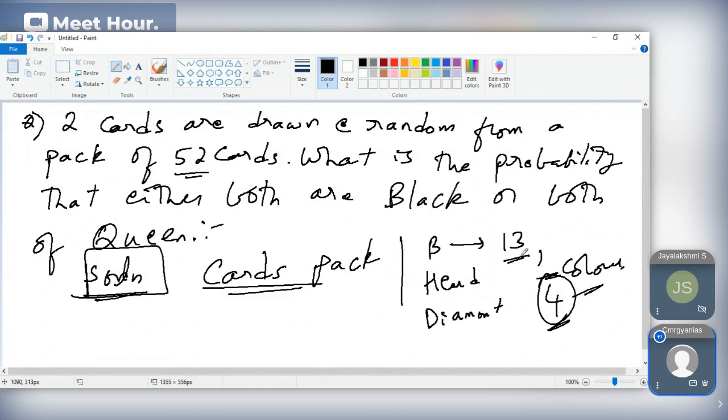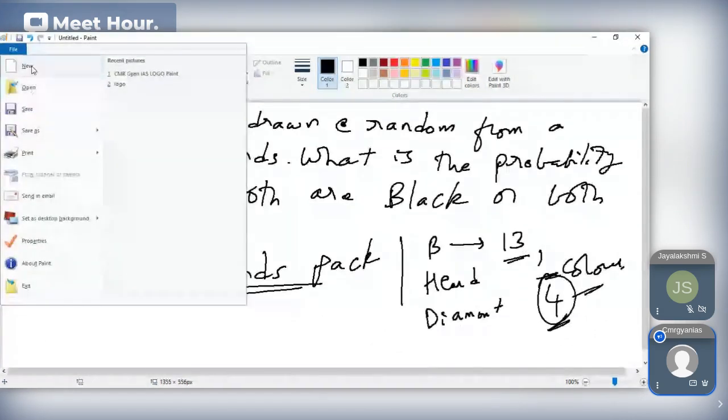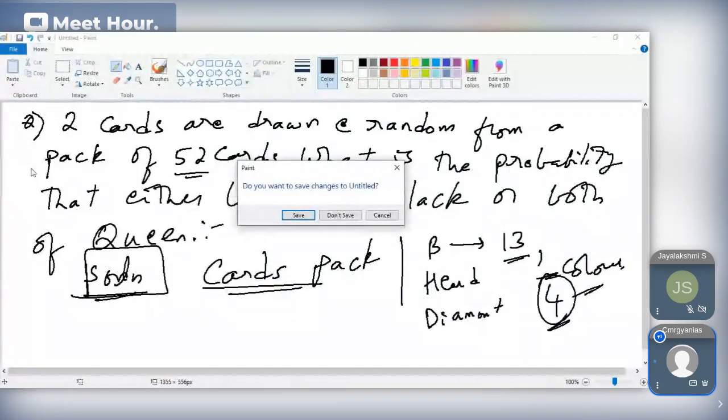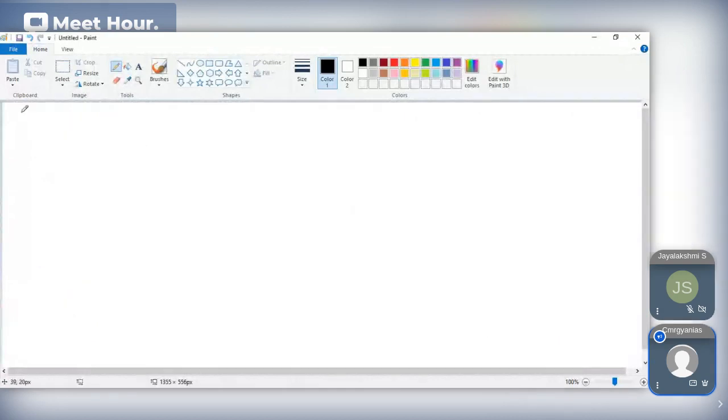Okay, sir. Okay. Now, one more question which had come in UPSC. It had come in 2008. So write down the question.